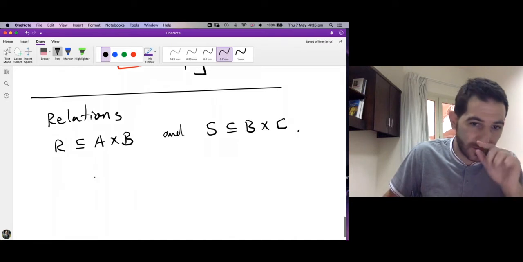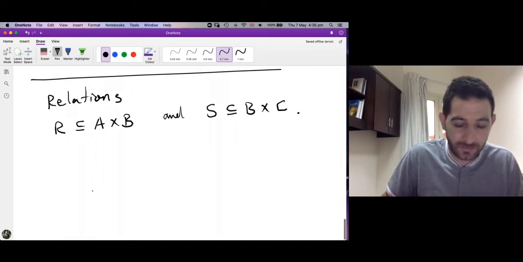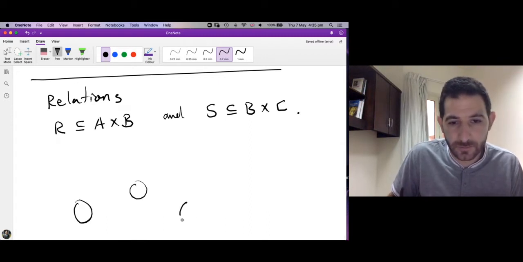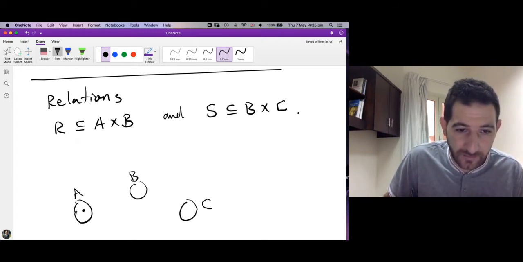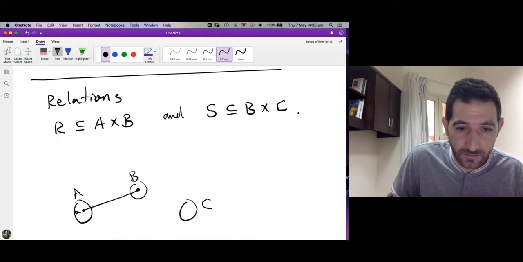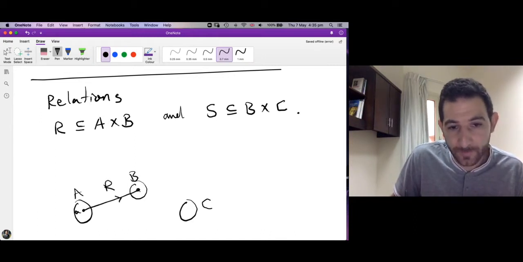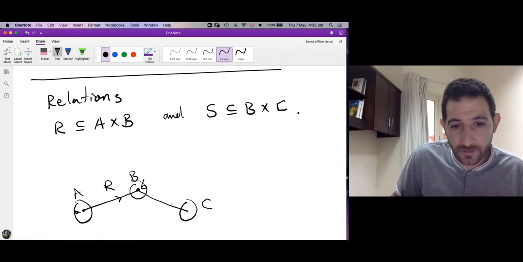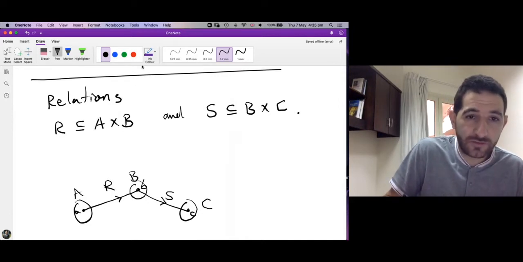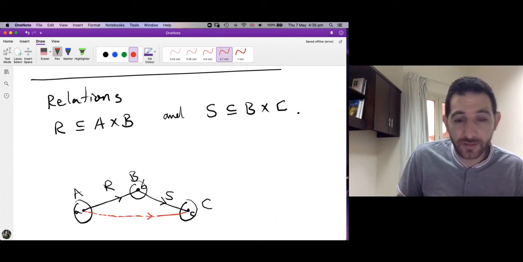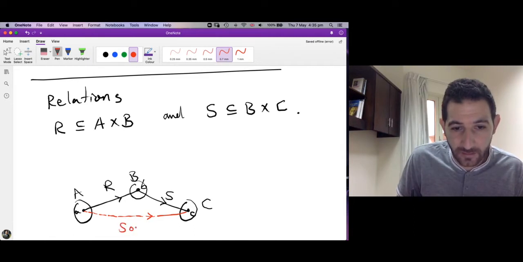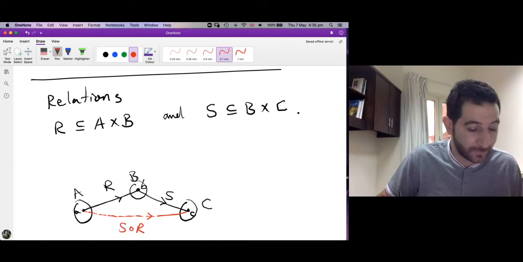Then given these two relations, we can define, okay, maybe I can, okay, so this is the set A, this is the set B, and this is the set C. And here we have an element A which is related to an element B via the relation R, and B is related to an element C via the relation S. Then we want to define a relation called composition from A to C, and this is called S after R, in a similar way we did to functions.